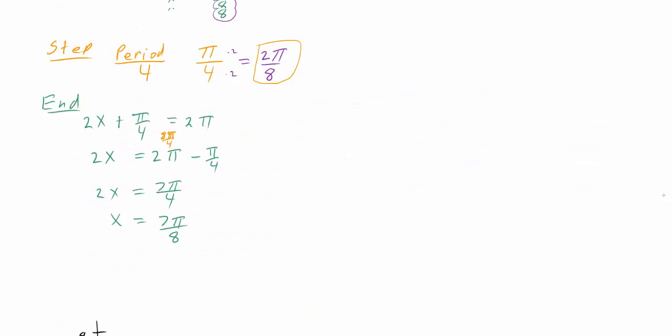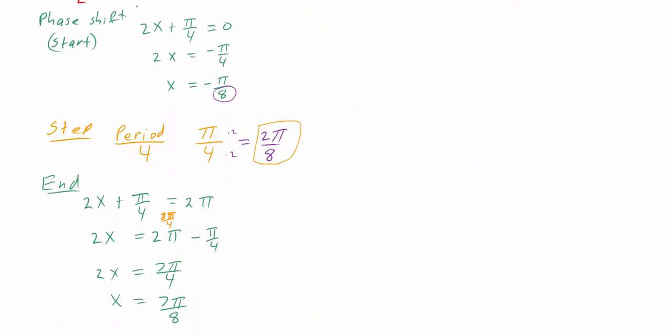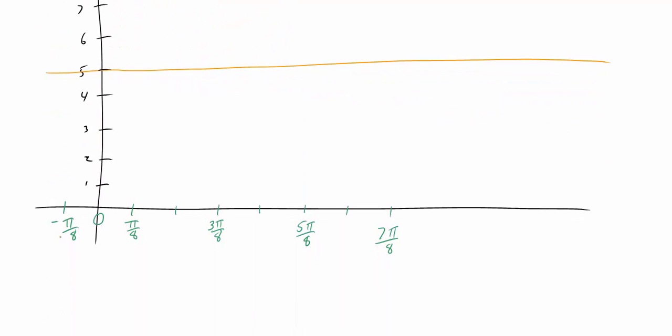Now, if you've noticed, what I actually did here was using our step. We said each step is going to be 2 pi over 8. So if I was to start at negative pi over 8 and add 2 pi over 8, then that would take me to a positive pi over 8. And then if I add another 2 pi over 8, that would give us 3 pi over 8.